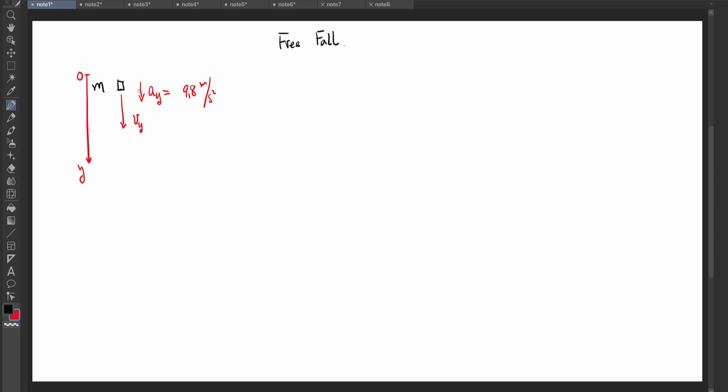Then this Ay will be positive, right? Because this direction is the same as the positive y direction. So in this case, it's positive 9.8 meters per square second. Let's call the free fall the case when the acceleration equals 9.8, which we call g. g is the gravitational constant on the Earth's surface.